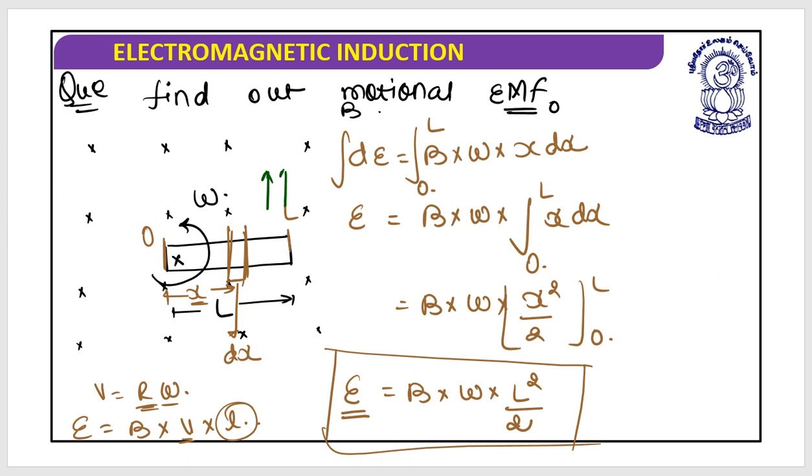Then you will find that your thumb points towards this O. That means this battery will be something like this. This is at the higher potential and this is at the lower potential. I hope this is clear. Any doubts, any concern over here?